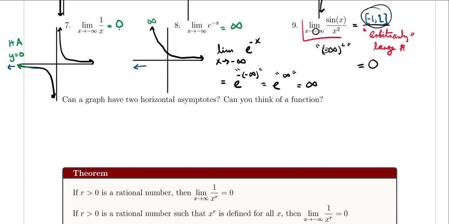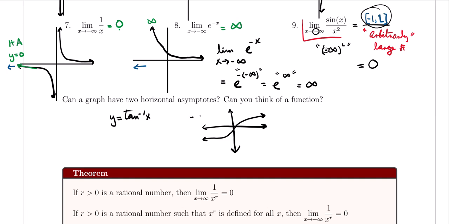Did you come up with a function? One function that I'm thinking here is the arctangent function or the tangent inverse function. So if I have here y equals the tangent inverse of x, well, this particular function looks something like this. It is kind of like a tangent function that's flipped or tilted to the side.